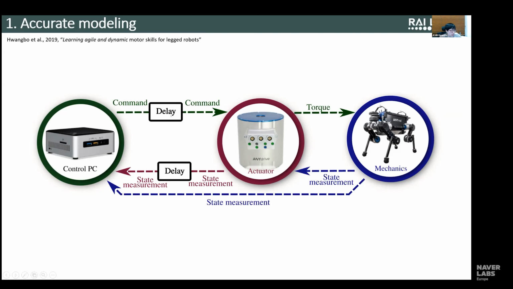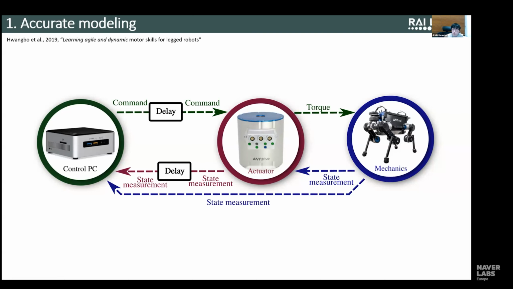That command is sent to the actuator over this delayed communication channel. This actuator also has actuator dynamics, because we have a spring, we have friction in the gearbox, we have lubrication, and many other things that introduce extra dynamics. We didn't model this carefully.